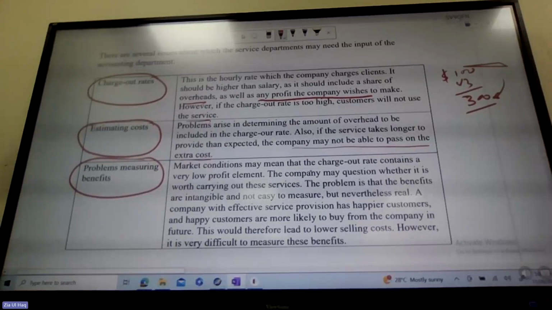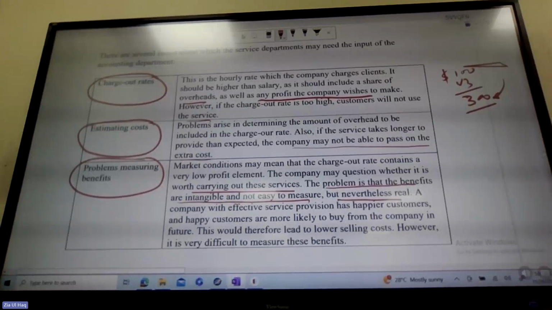Market conditions may mean that the charge out rate contains a very low profit element. The company may question whether it is worth carrying out these services. The problem is that the benefits are intangible and not easy to measure, but nevertheless real. A company with effective service provision has a happier customer, and happy customers are more likely to buy more from the company in future.